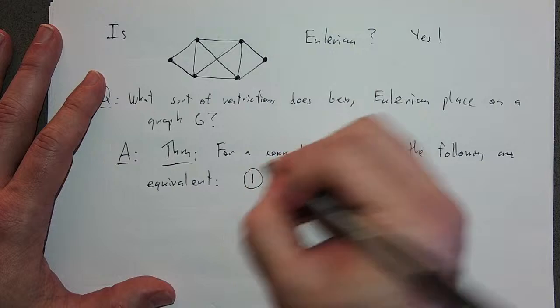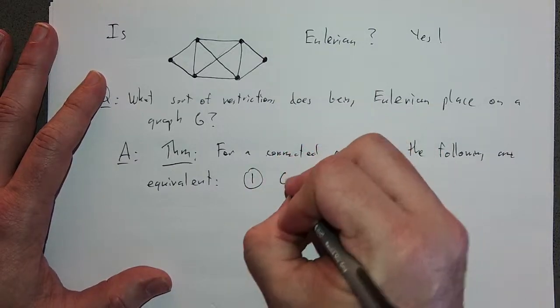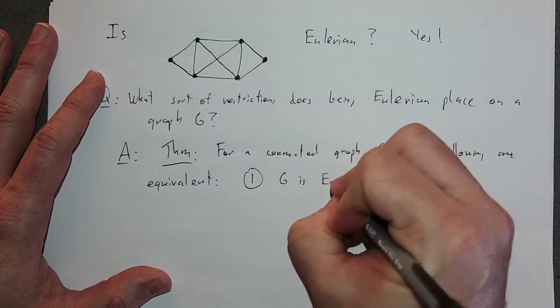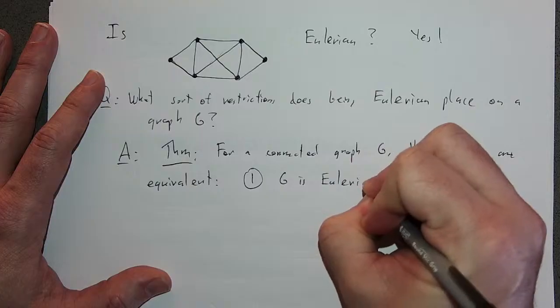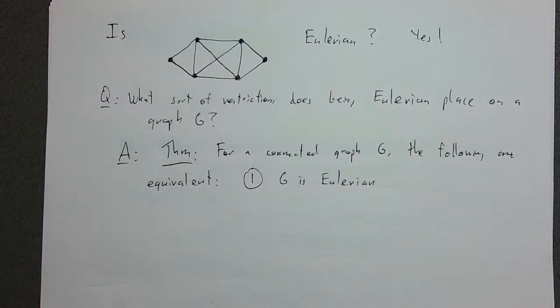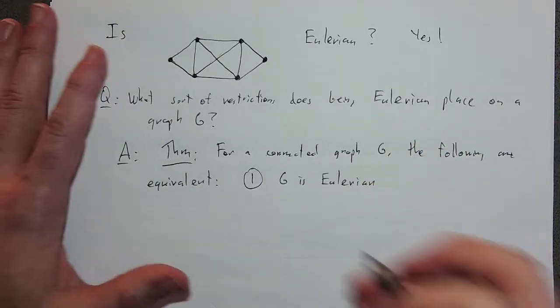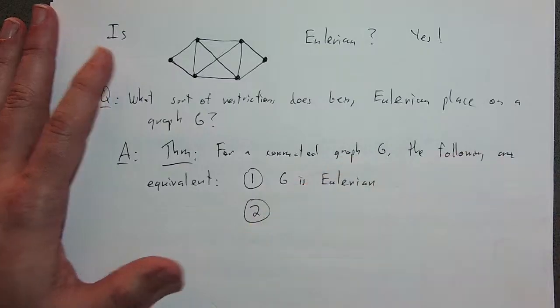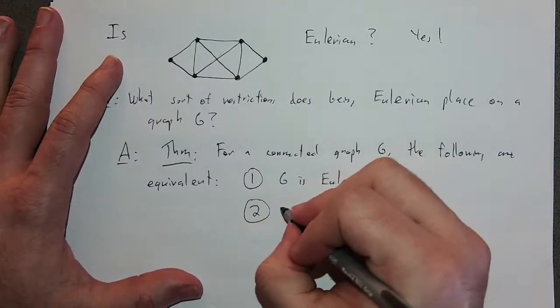One, G is Eulerian. This is equivalent to 2, every vertex of G has even degree.